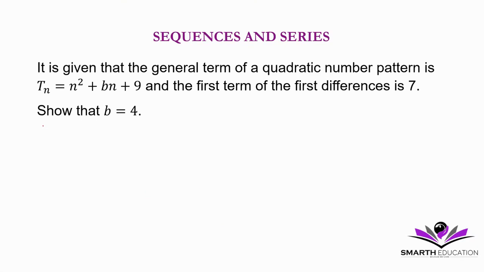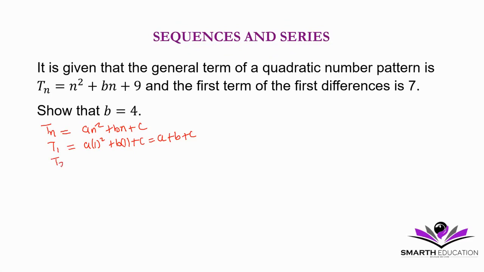Remember, for a quadratic number pattern, Tn is equal to an squared plus bn plus c. We have T1, which is a times 1 squared plus b times 1 plus c, which simplifies to a plus b plus c.